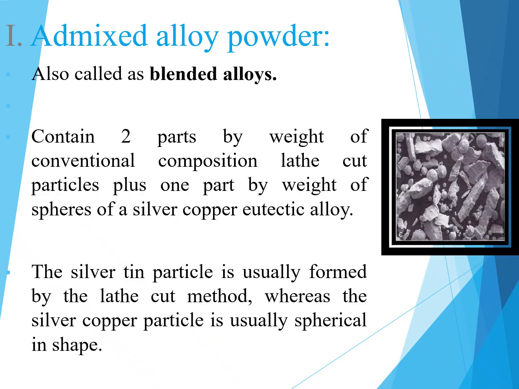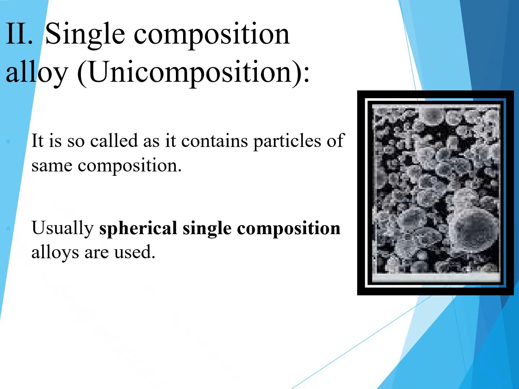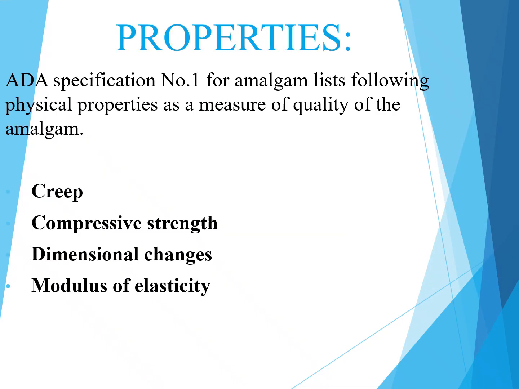The silver tin particle is usually formed by the lathe cut method, whereas the silver copper particle is usually spherical in shape. Single composition alloy, unicomposition. It is so called as it contains particles of the same composition. Usually, spherical single composition alloys are used.